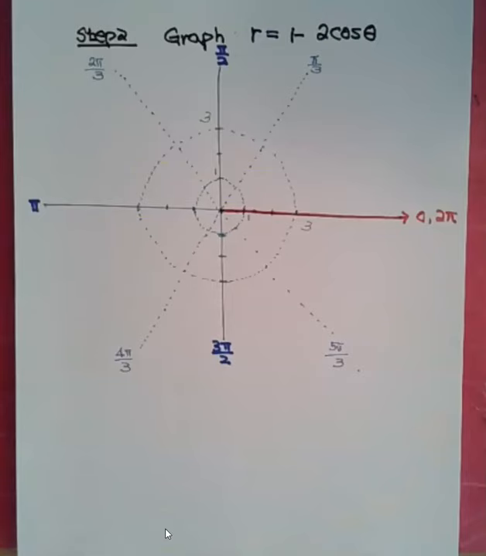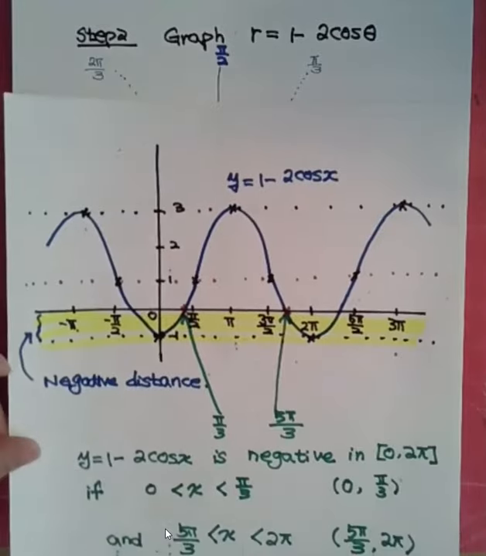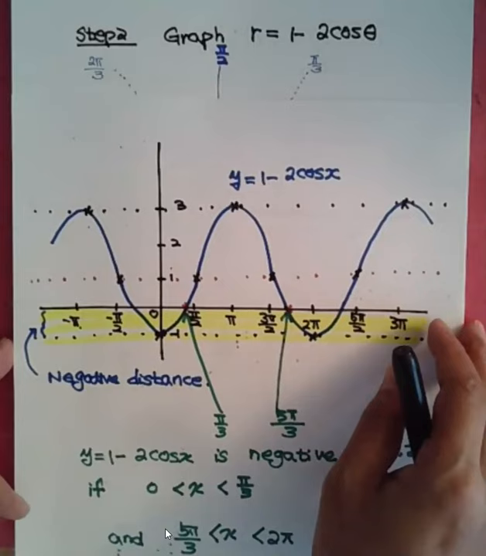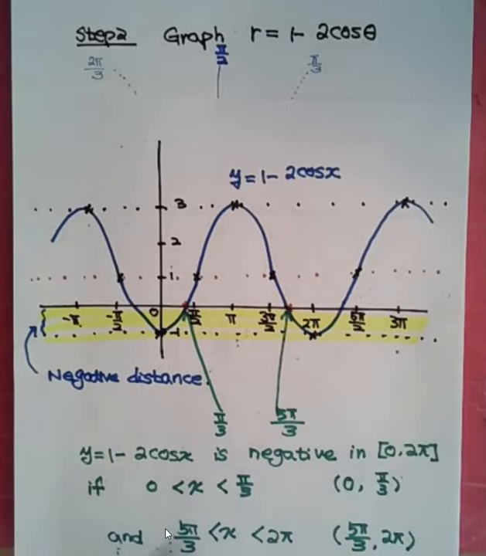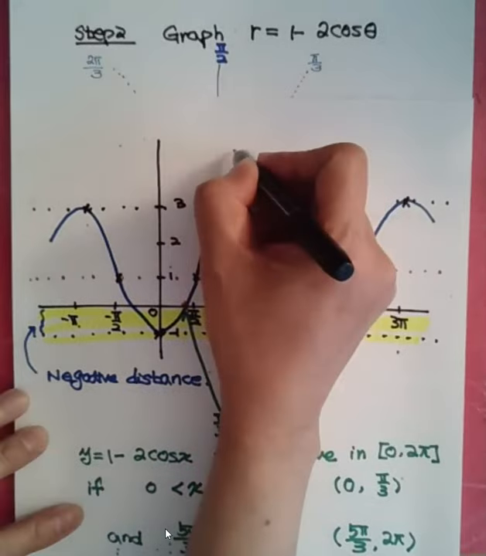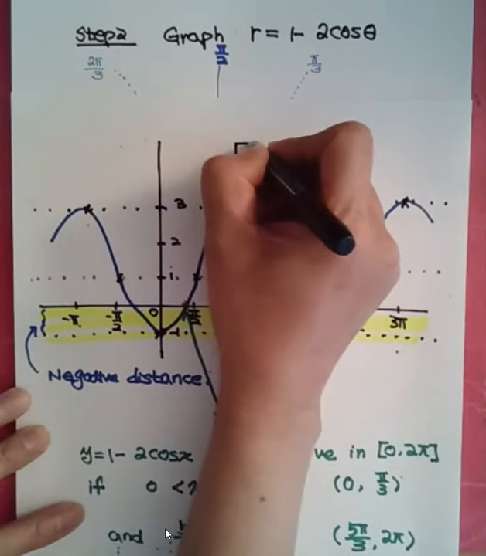To graph the polar equation, I embedded the polar coordinate in the rectangular coordinate. To graph it, we have to refer to this graph. What you have to keep in mind is that y is an oriented distance.